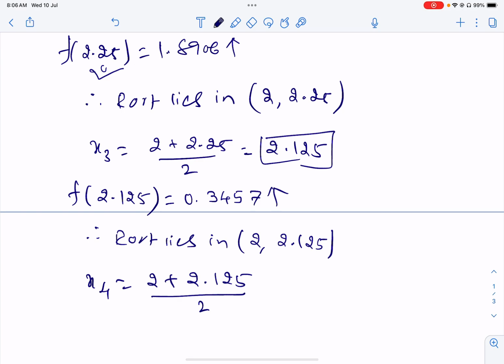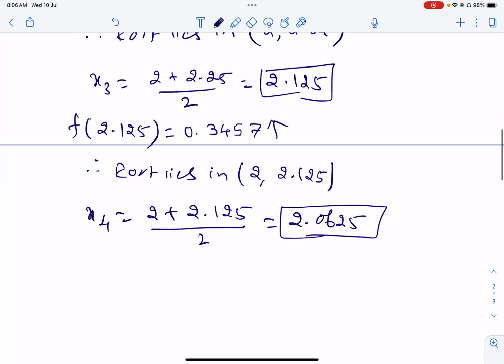Okay. Next step: again we take the midpoint, 2 plus 2.125 divided by 2, and that is nothing but 2.0625. Now we can also find the value at this point.